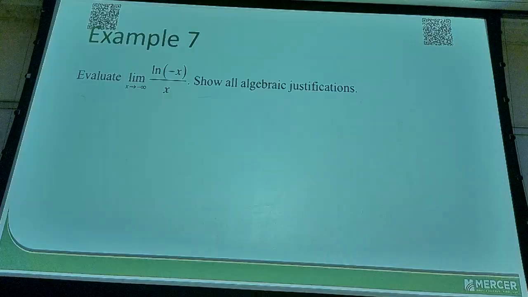Okay, algebraic justification here is going to be a little difficult. I'm going to use logic. First thing I'm going to do, though, is a change of variable. I'm going to say u is negative x, so u would go to infinity as x goes to negative infinity.